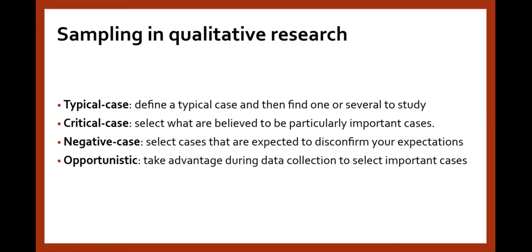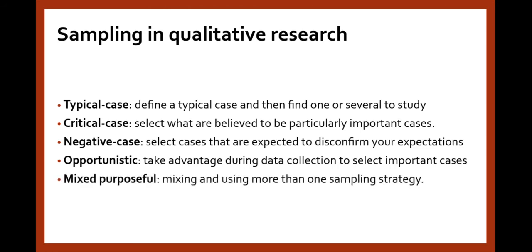They are always the go-to opportunistic sample because we have a lot of them and they're constantly refreshed every year with a new batch of students coming in. You can also have mixed purposeful sampling, in which you're mixing and matching these different sampling strategies to get to some kind of optimal mix or optimal match so that you can more fully explain what's going on in the qualitative data.